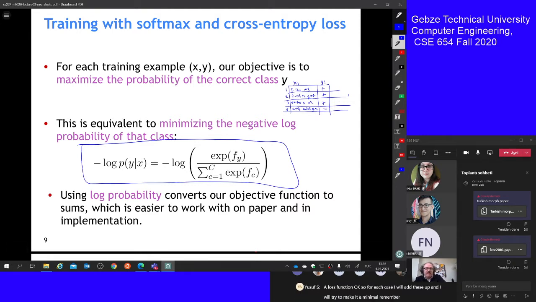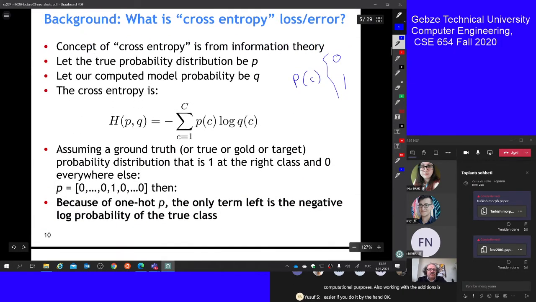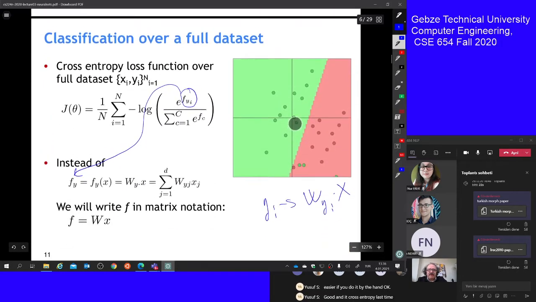Remember, the log probability is good because we would like to work with additions instead of multiplications. It's going to be easy for computational purposes. Also, working with additions is easier if you do it by hand. Okay, good. And cross entropy, last time we talked about it. This is the loss function that we are trying to minimize.